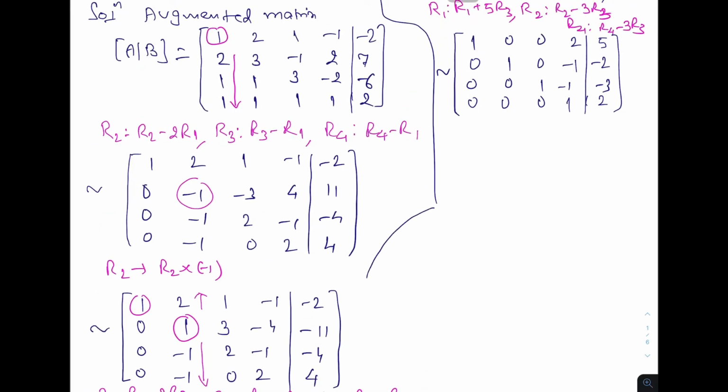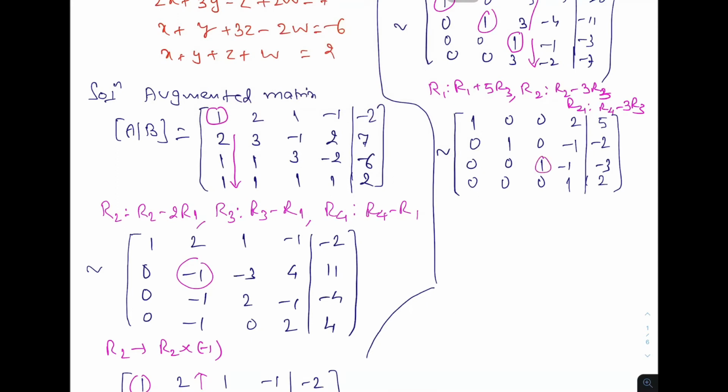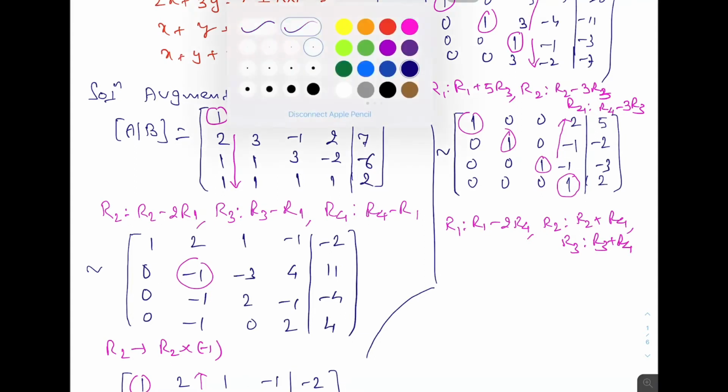Okay, so now we have already reached the final step. Now this one is the leading one, so make all the entries above it to be 0. So R1 minus 2R4, R2 plus R4, and R3 plus R4.